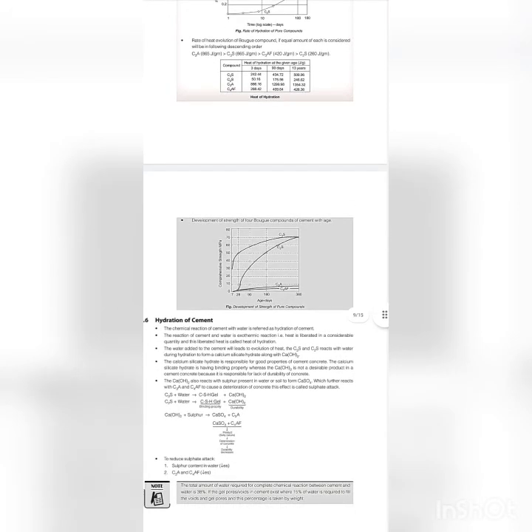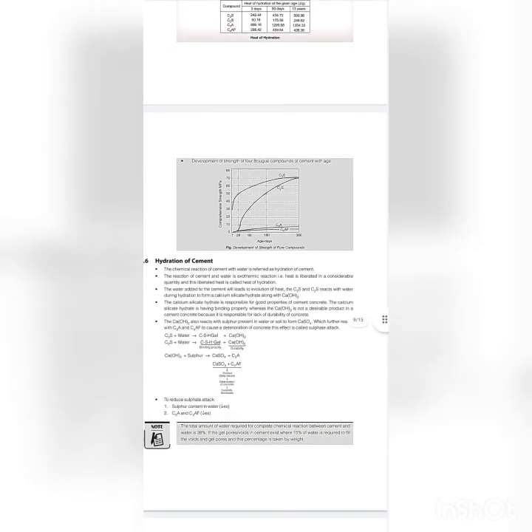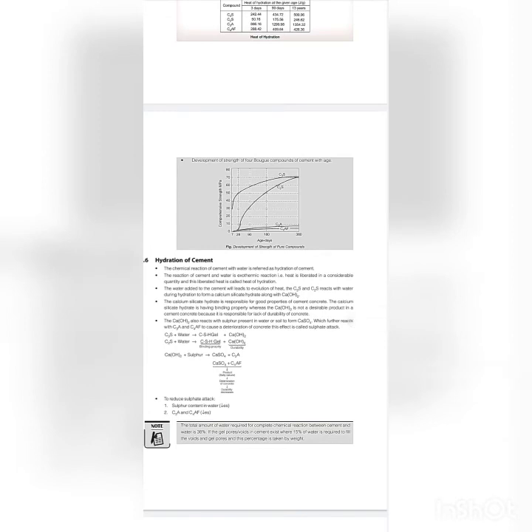Here is the curve of development of strength of pure compounds. Hydration of cement. The chemical reaction of cement with water is referred to as hydration of cement. The reaction of cement and water is an exothermic reaction, and heat is liberated in a considerable quantity. This liberated heat is called heat of hydration.